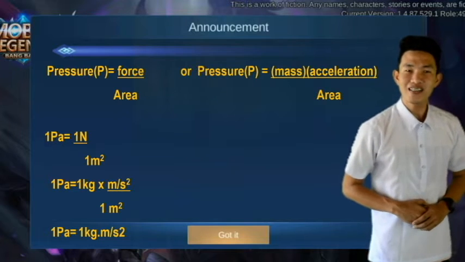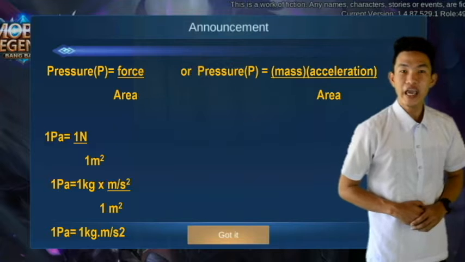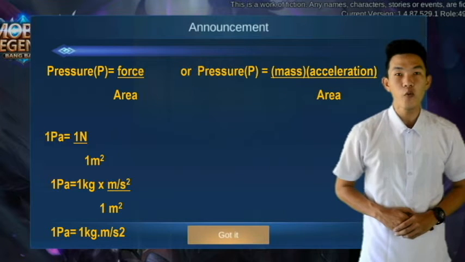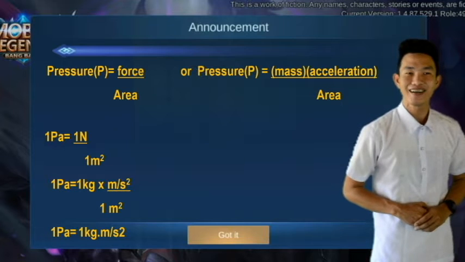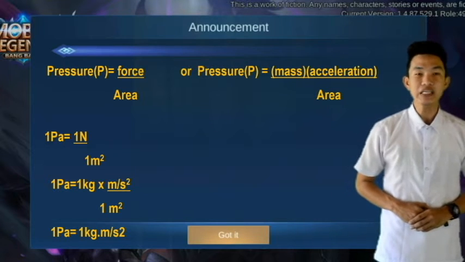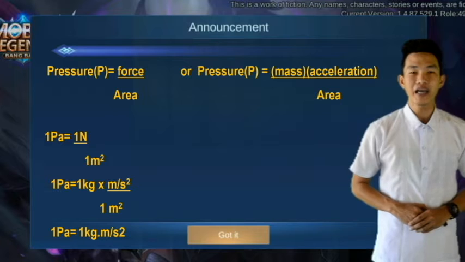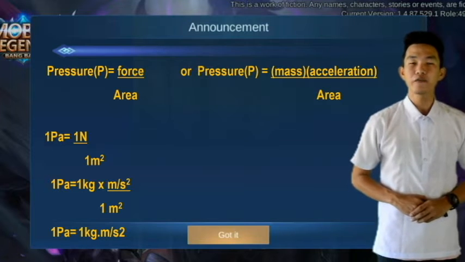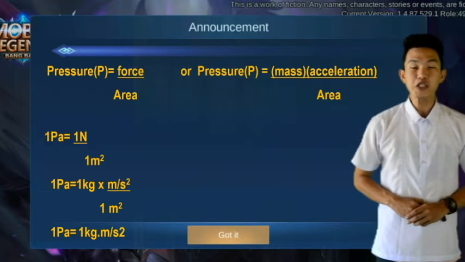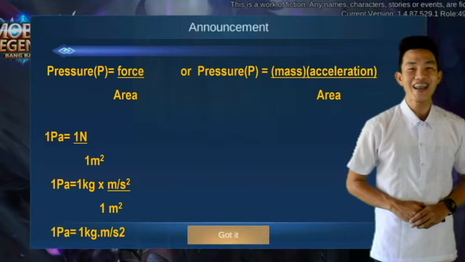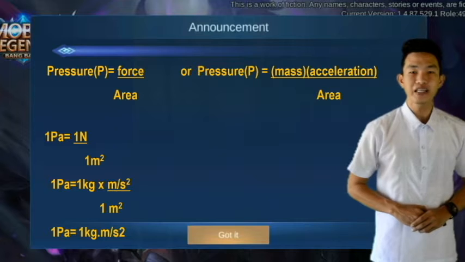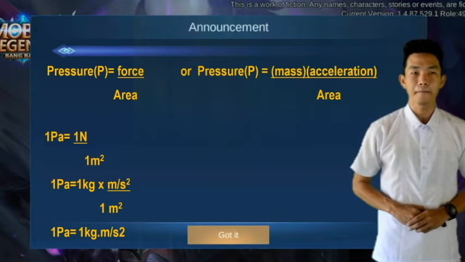Did you know, class, that the unit Pascal is equivalent to a force of 1 Newton acting on 1 square meter? Pressure is equal to force divided by area, or if we derive it, pressure is equal to the product of mass and acceleration divided by an area.